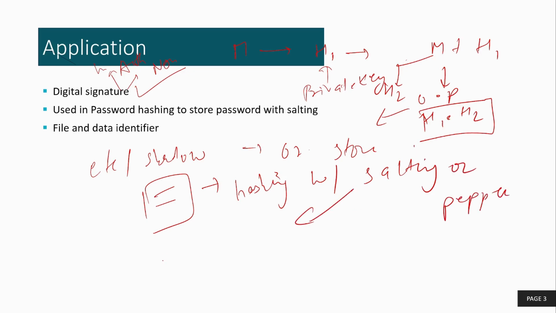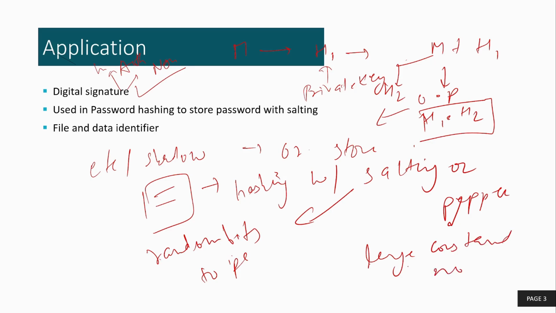In salting, you add random bits to the password, and in pepper you add a large constant number. This is the difference, but most of the time we just use salting. Salting will help you prevent rainbow table attacks.